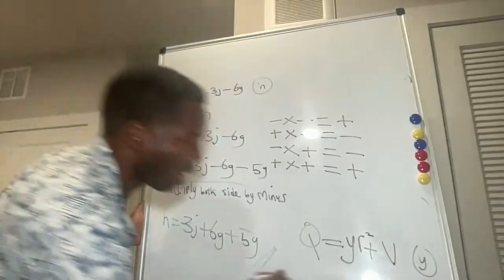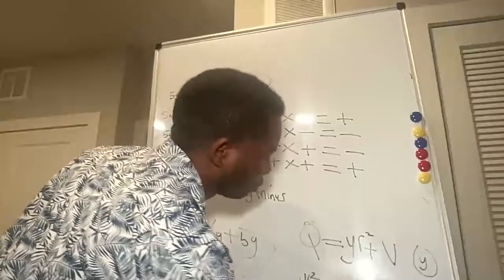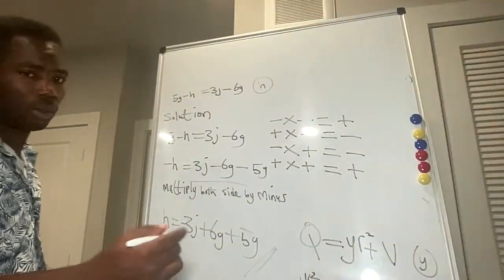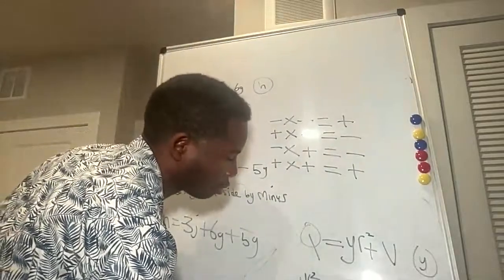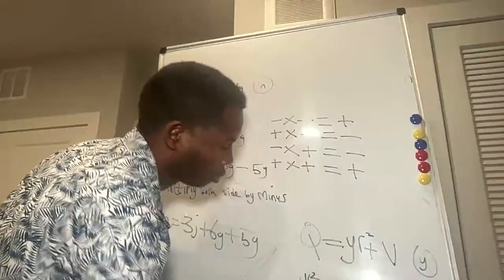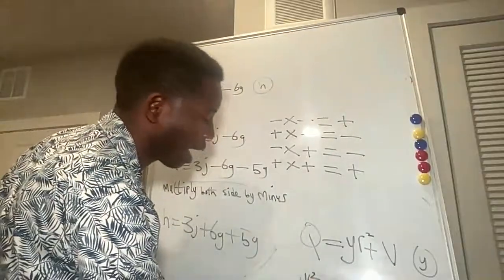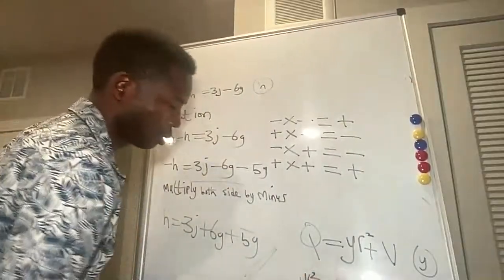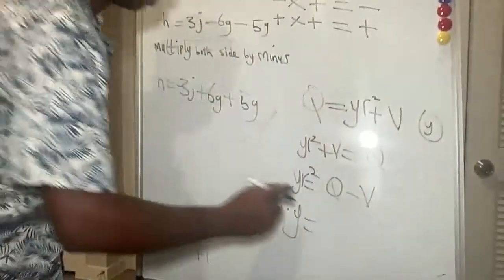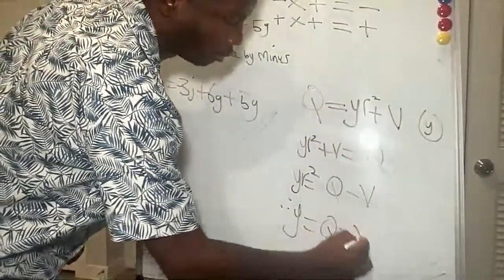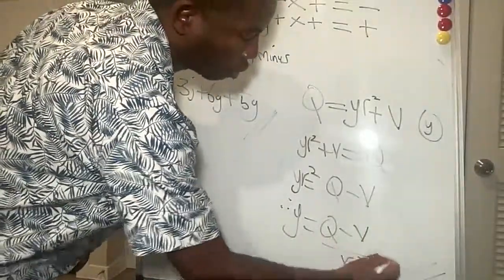So we have y r square plus v is equal to q. Now, what next? y r square is equal to q minus v. Therefore, y is equal to q minus v all over r square.